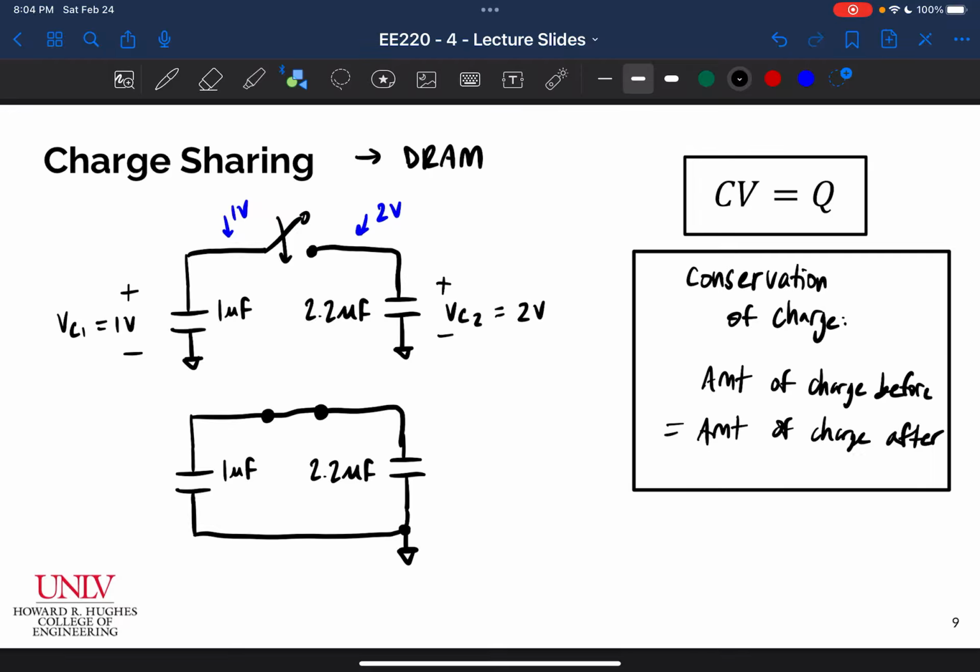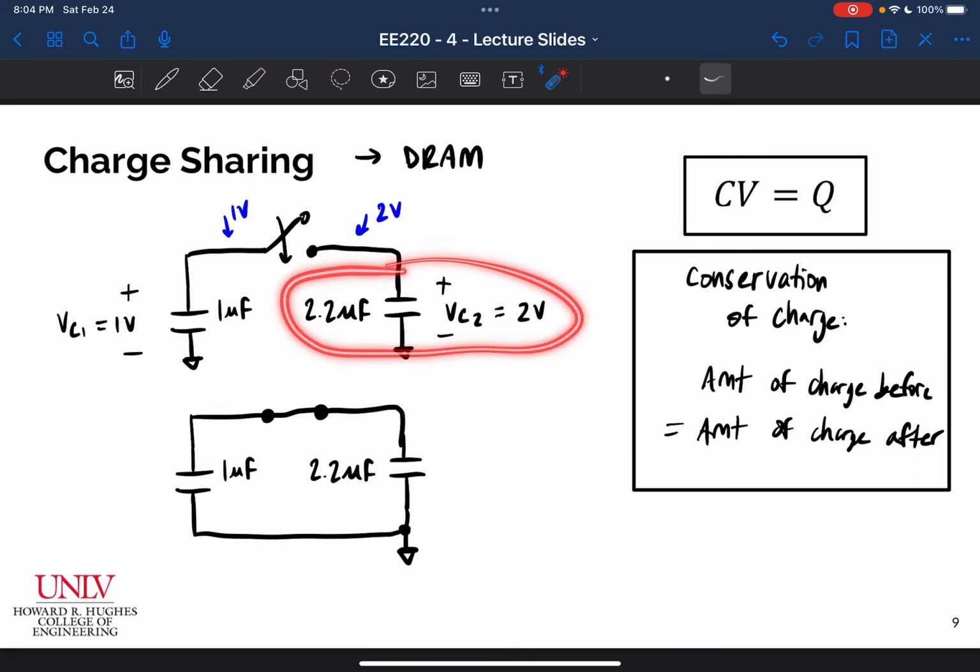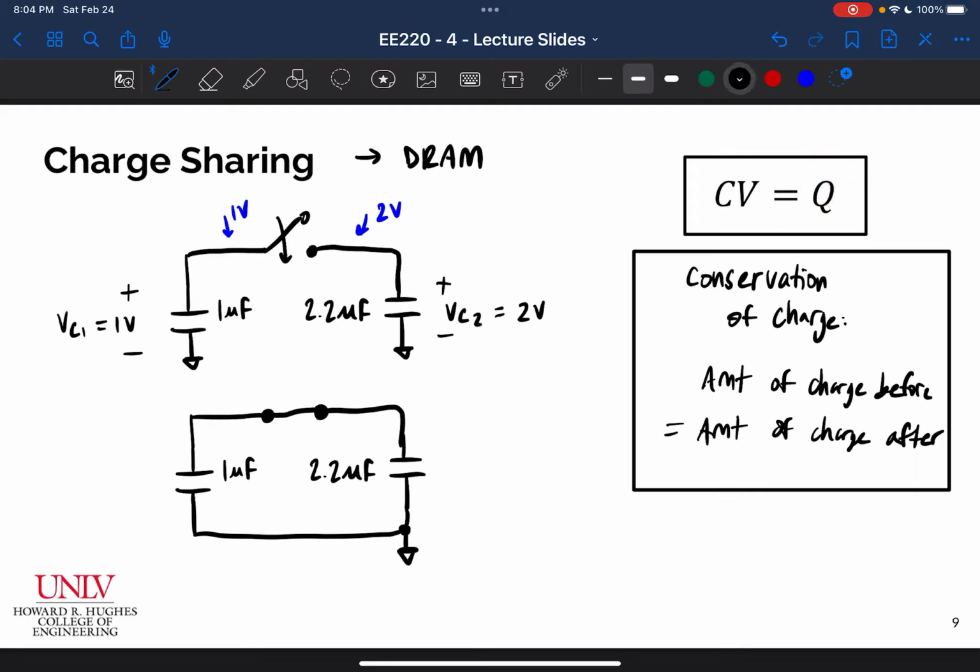And so what that means is that with the initial conditions that I was given, I can use CV equals Q to figure out how much charge was stored on this capacitor initially, right? If I take 2.2 microfarads times 2 volts, I know that my initial Q, I'll call it QI of capacitor 2, was 2 times 2.2 or 4.4 microcoulombs of charge, right?